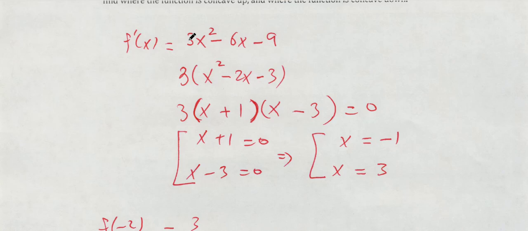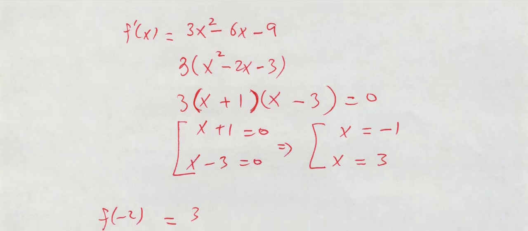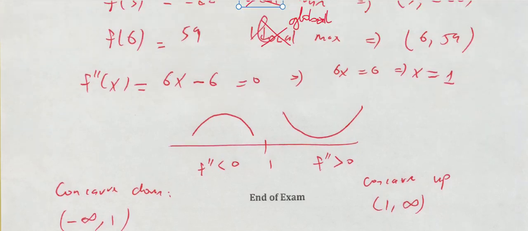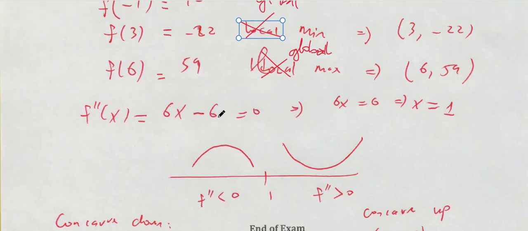So taking the power rule again, that should give me 6x minus 6 equals 0, and we need to get the critical point for the f double prime. So we set this to be 0, add 6 on both sides, and then divide by 6 on both sides. x equals 1 is the critical point.